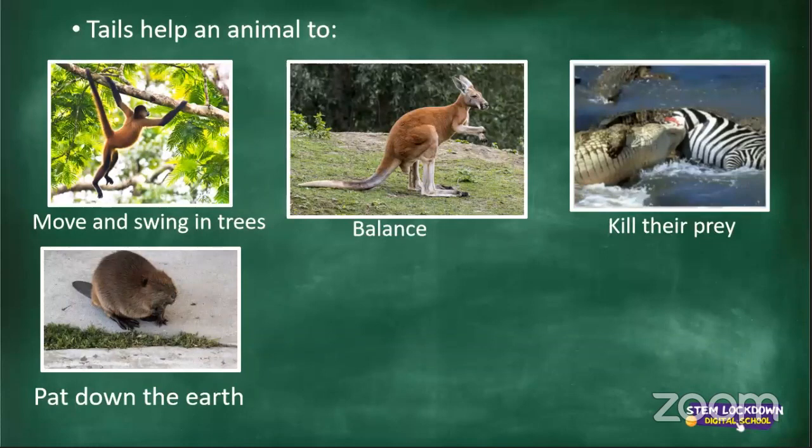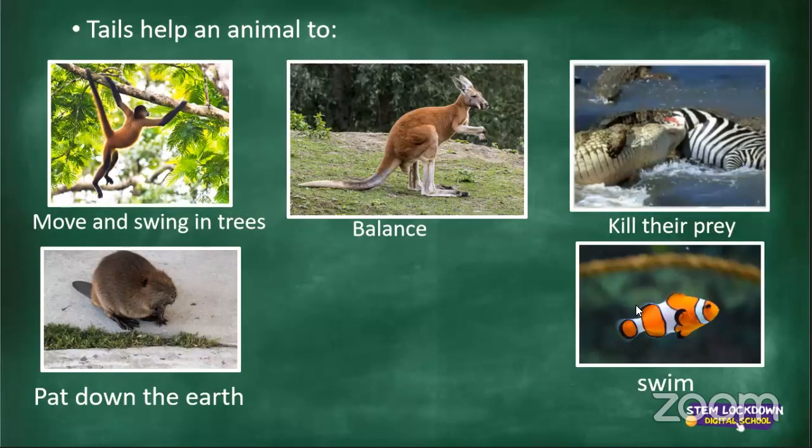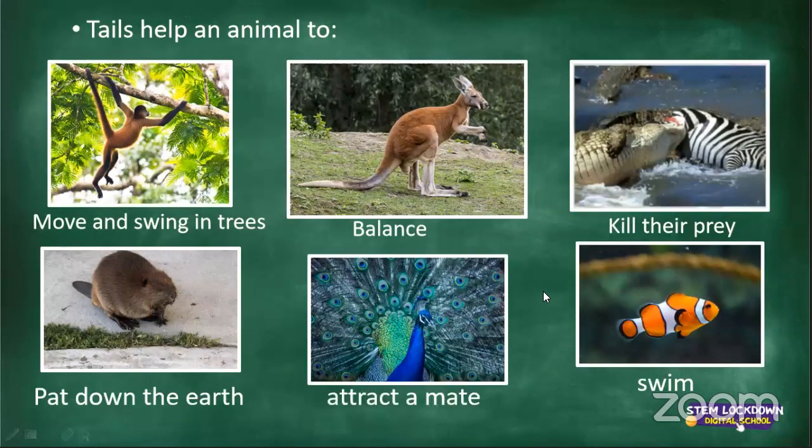So his tail plays a pretty big role in his life. A fish uses its tail to swim. And some animals, as we discussed last week, use their tails to attract a female. Okay, we're going to look at that later again.